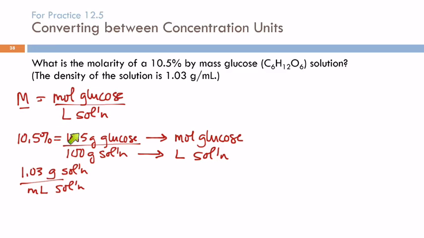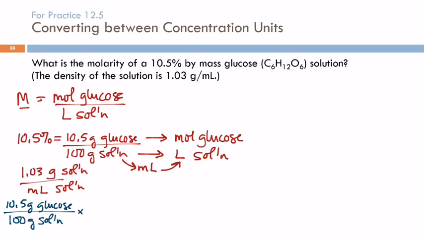So I'm going to take this starting point, 10.5 grams of glucose per 100 grams of solution. I'm going to have a factor where I convert grams of glucose to moles of glucose. And then I need to convert grams of solution to liters of solution. Well, depending on how comfortable you are with metric units, you might want to go through milliliters in there. So we're starting with the 10.5 grams of glucose per 100 grams of solution.